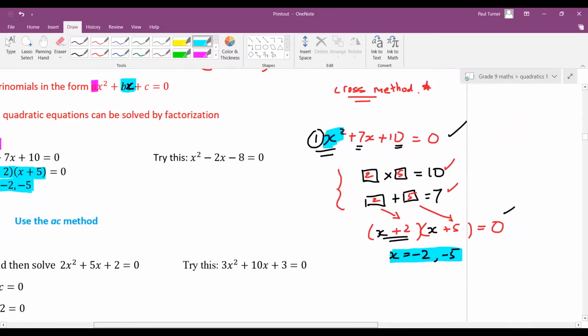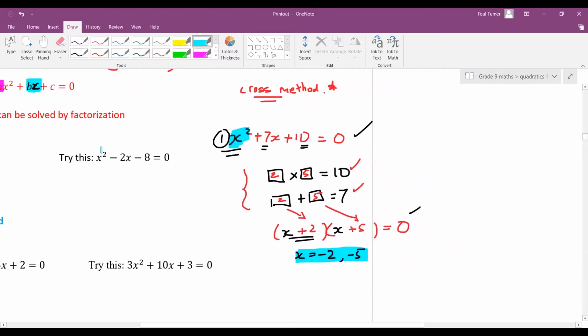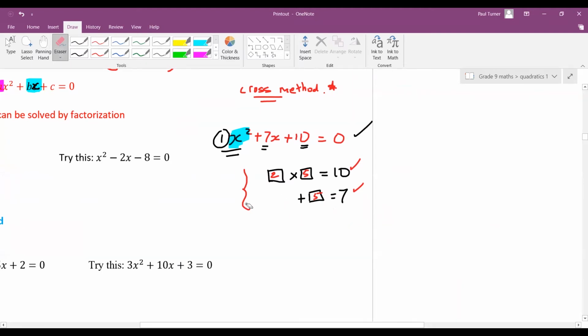So that's how you do that one. Now, we can try this one together. I'll erase this because I already have the answer on the other side. And we'll do a few examples here and a bit of practice.